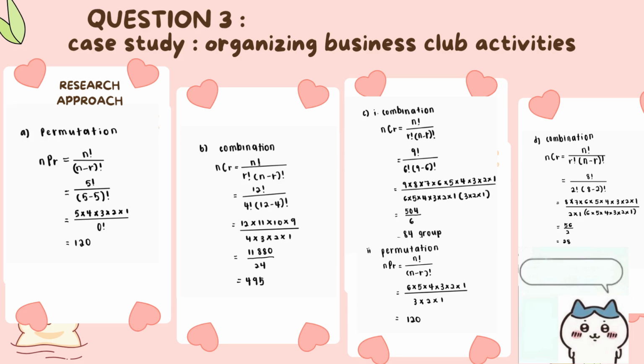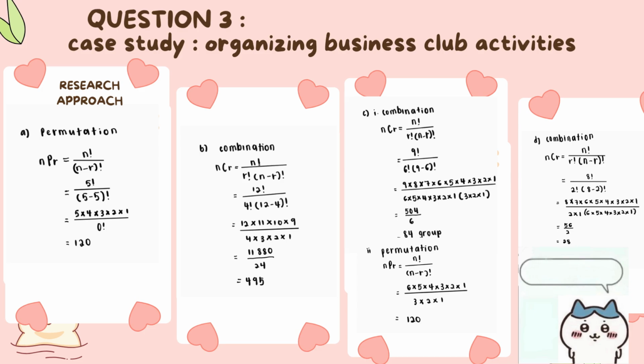For scenario A, we can see that the advisor wants to arrange the 5 members in a speaking order. So we will use the permutation formula, where n equals 5 and r is also equal to 5.